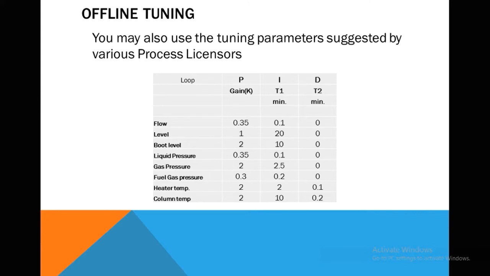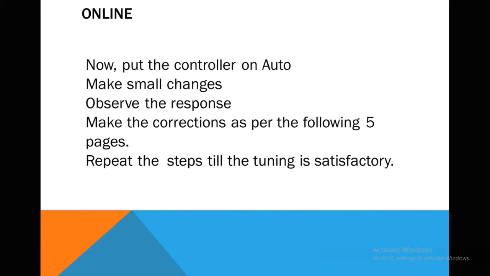So with these initial settings, the controller will almost be working with some oscillations, but with the method provided subsequently, you can fine tune this controller and make it robust. What you do here is put the controllers on auto with these settings, then make small changes and observe the response.